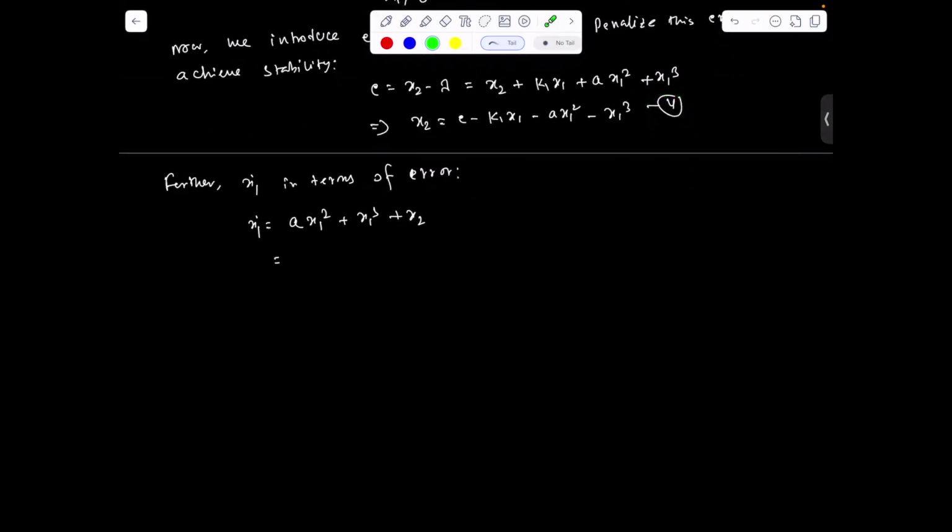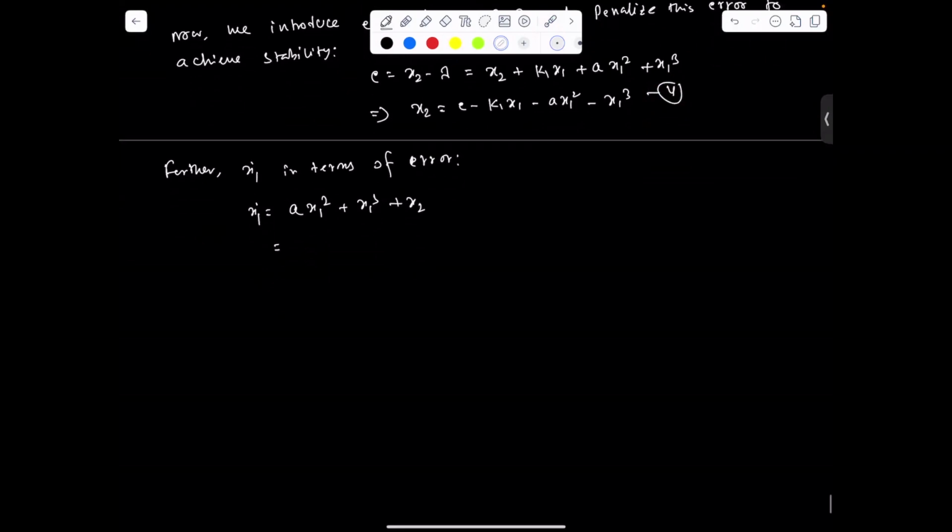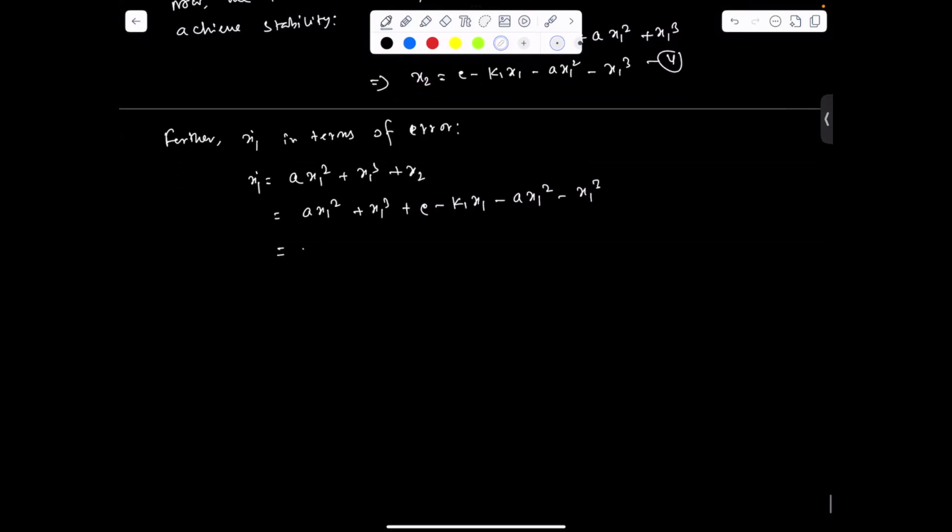So we are writing the x1 dynamics in terms of error and x1 variables. So here we are writing a x1 square plus x1 cube plus e, in terms of x2 we are writing this expression: e minus k1 x1 minus a x1 square minus x1 cube, from which you can write e minus k1 x1.